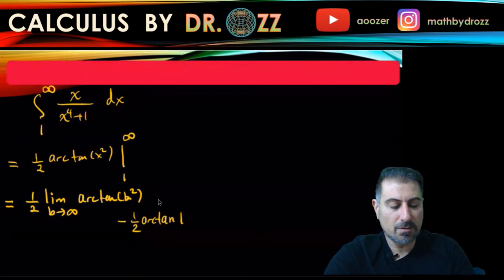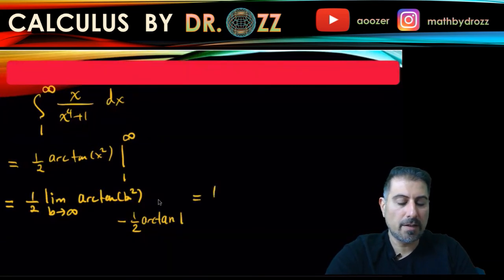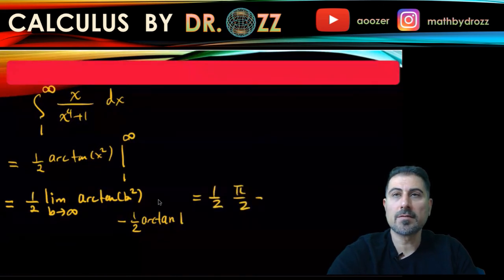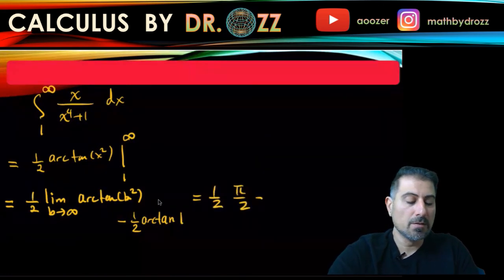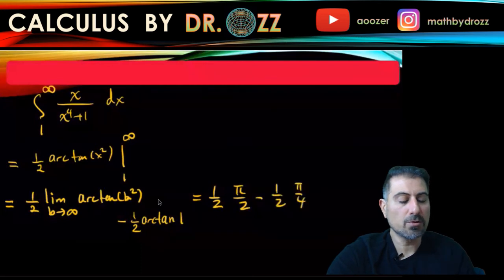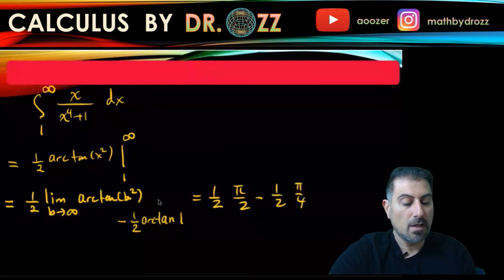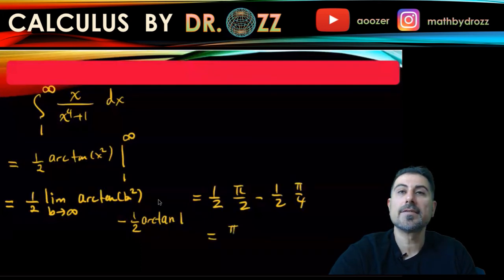So let me just continue from here. Okay. So 1/2 times pi over 2. And arctan 1 is something that you can use your calculator for. So 1/2 times pi over 4. Okay. And that takes you to pi over 8. And pi over 8 is a finite number.